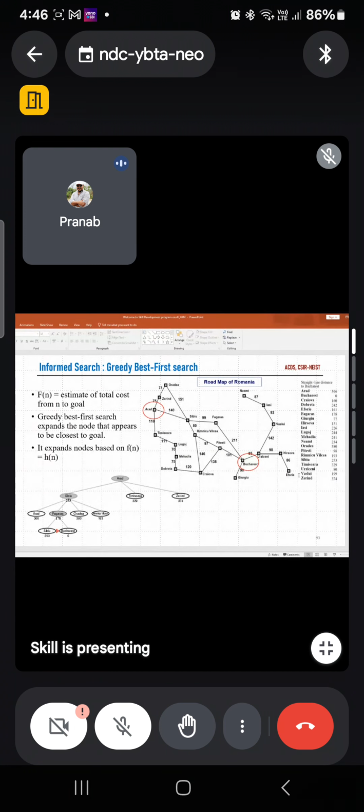Can anyone be the root node? Yeah, here only directly Arad is taken. Any rule is not considered here. Directly we are taking this node only. Okay, sir. Yeah.